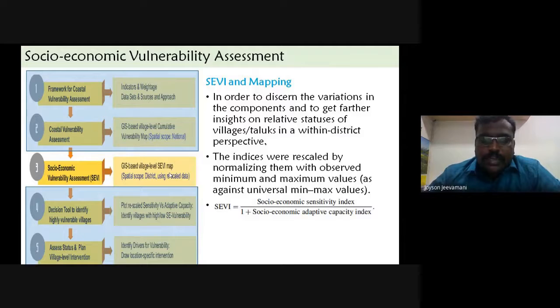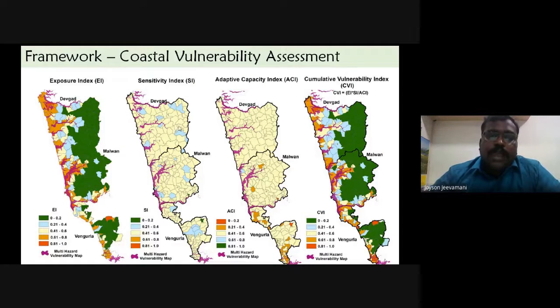Basically, if you see this map, for example sensitivity, there is no dispersion. The values more or less lie between 0.4 to 0.6. And similarly here also. This is because our data is on the national scale.